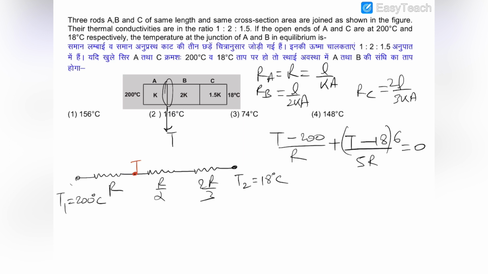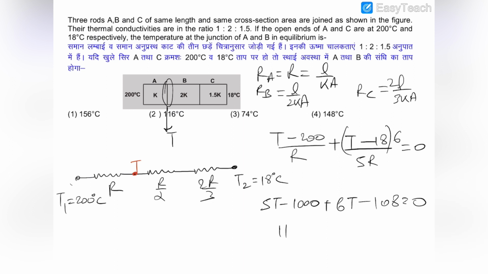So again, if I take LCM and take out R as common, then this equation will be 5T minus 1000 plus 6T minus 18 into 6. Now 18 into 6 is 108, so it would be equal to 0.